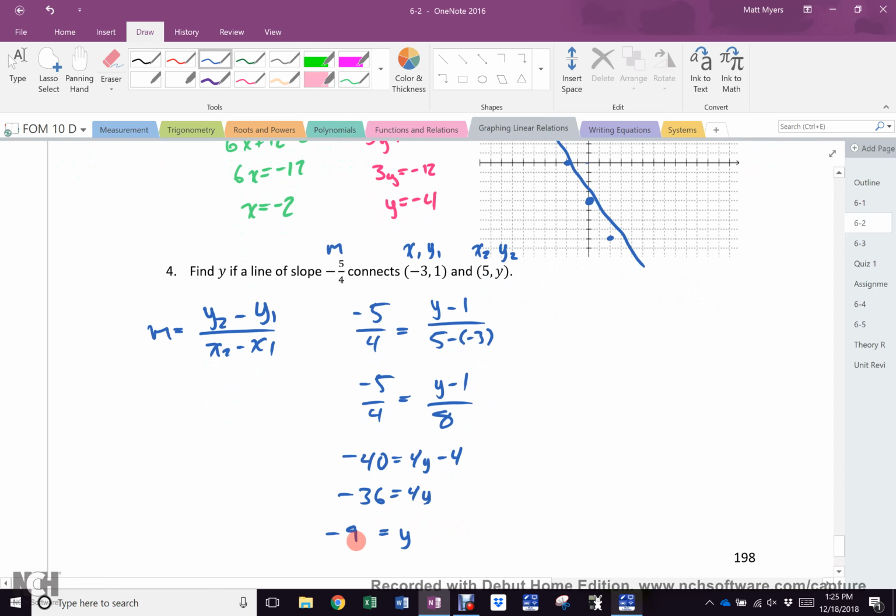You all took grade 9, yeah? X comma y. Right? X, y's live where? On a graph. Where else do you see x's and y's? In the equations. If there's an x in the equation, then does that x live on the graph?